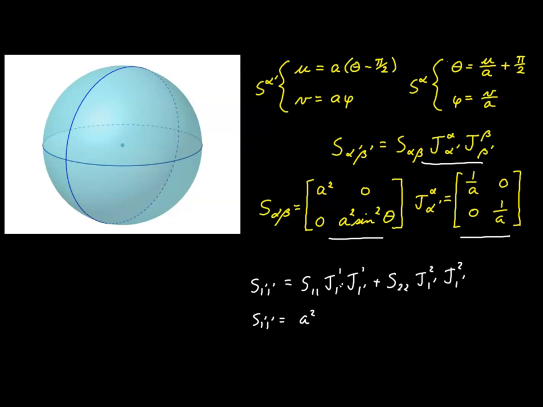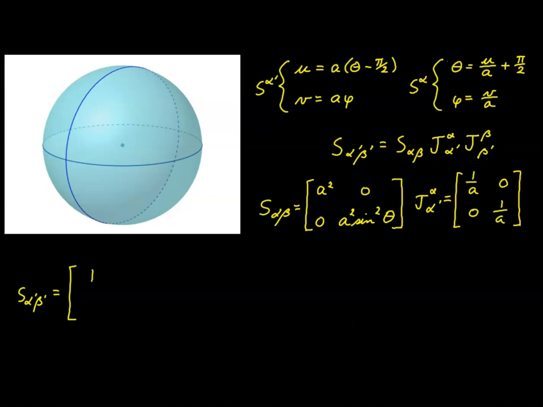There are 2 of them, so it's this value squared, which is 1 over a squared. And then the second term, S22, is a squared sine squared theta, but J2 1' is equal to 0 here. So this whole thing evaluates out to simply the value of 1. A squared times 1 over a squared, and this term is equal to 0. So our first term over here, S alpha' beta', we'll build up this little matrix here. Our first element is simply equal to 1.